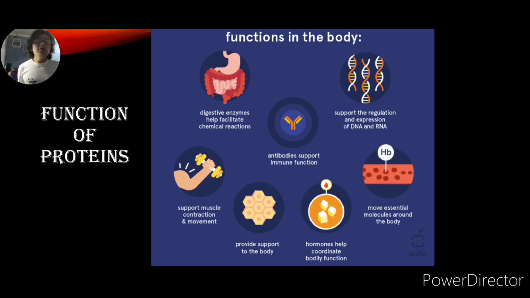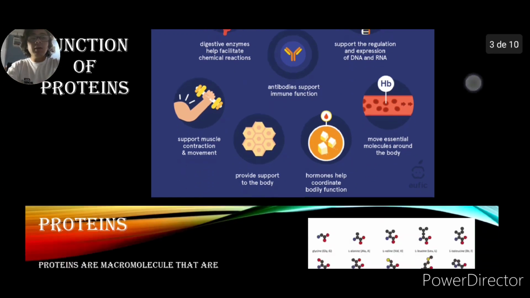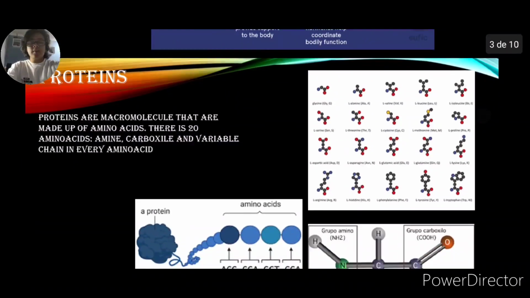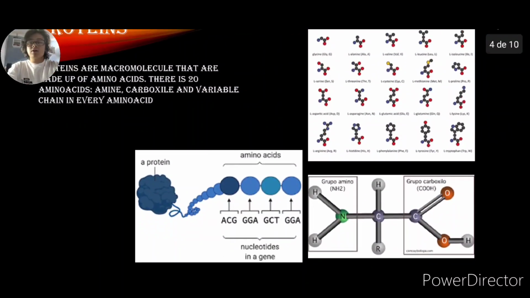So now I will speak about the proteins. The proteins are macromolecules that are made up of amino acids. There are in total 20 amino acids, and every amino acid has an amine, a carboxyl, and a variable chain.